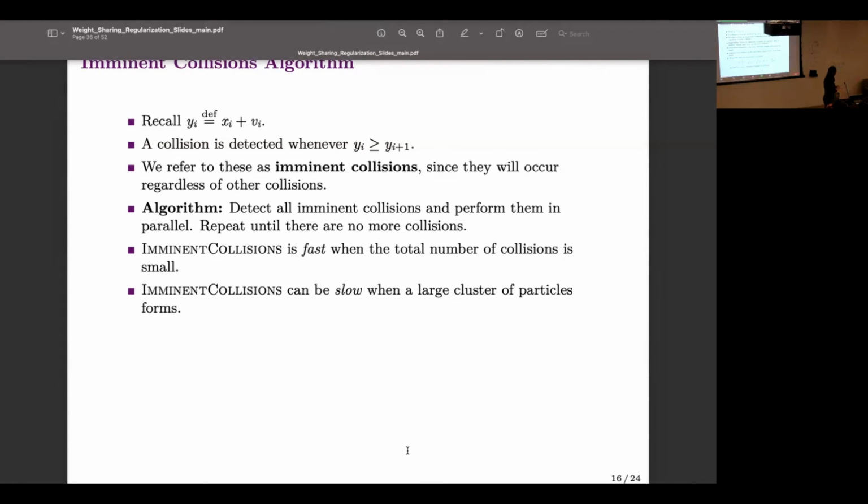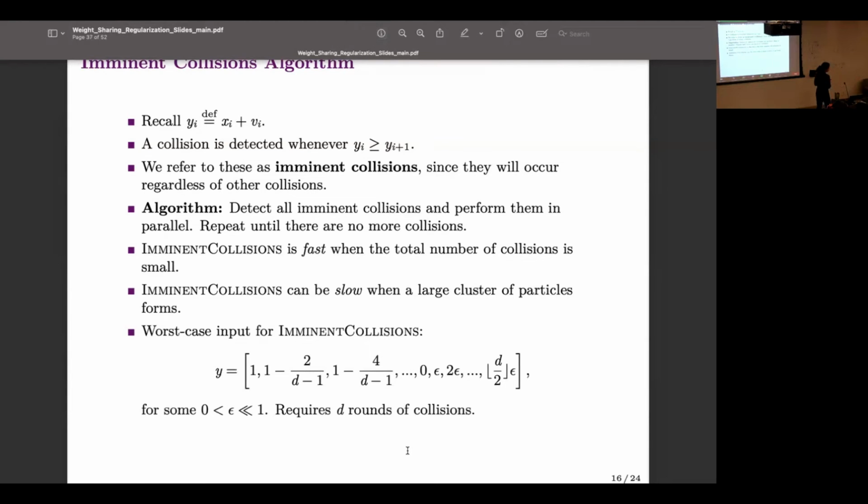We can see a worst-case example for the imminent collision. For example, I'm writing the vector of y: this is 1, and the rest of the weights are just zeros. The position is before the next particle, so it should merge with the next particle.